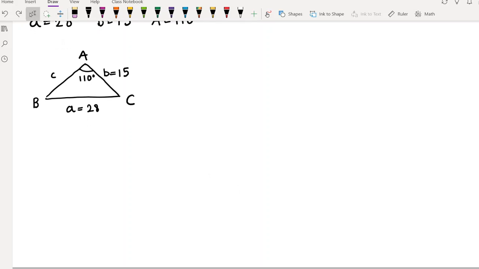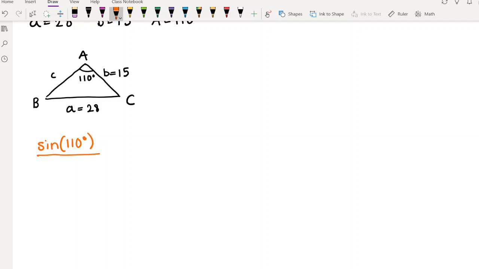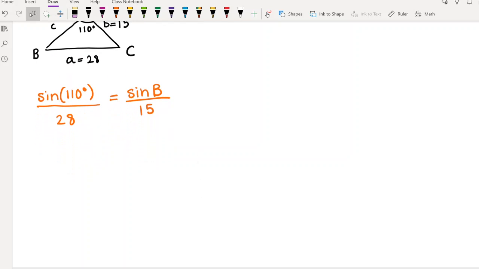We're going to start by writing down the ratio that we do know: sine of 110 degrees over 28 is equal to. And so then if we look at what we are prepared to find here, well, we have to start with angle B, right? Because we don't know anything about C, so that's not going to help us. So we can write down is equal to sine of B over 15. And so we're going to solve this for B.